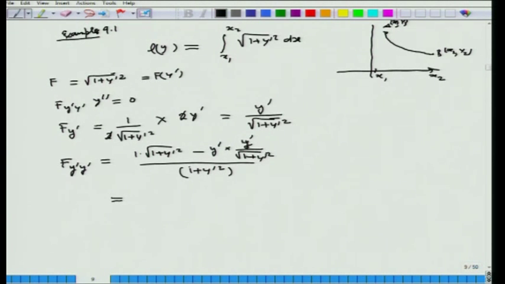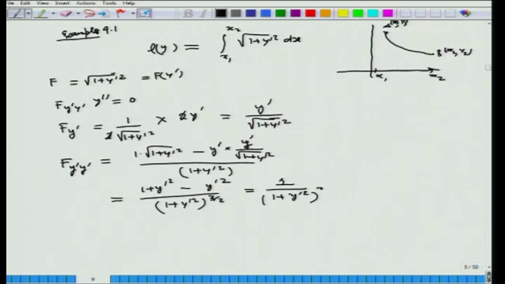becomes, so here we get again, you will have this as 1 plus y prime square minus y prime square, over 1 plus y prime square to the power 3 by 2, which is 1 over 1 plus y prime square to the power 3 by 2.